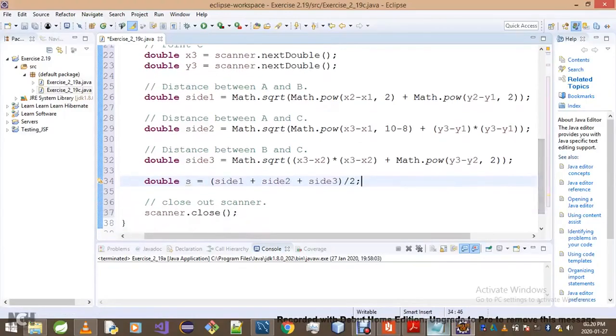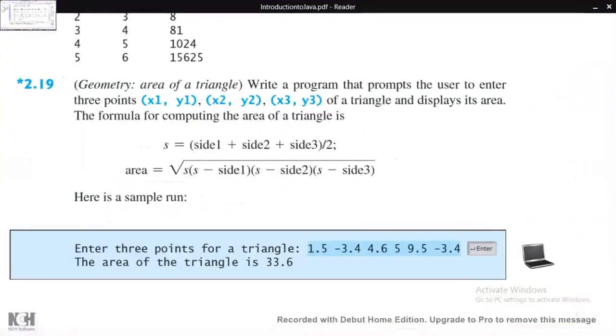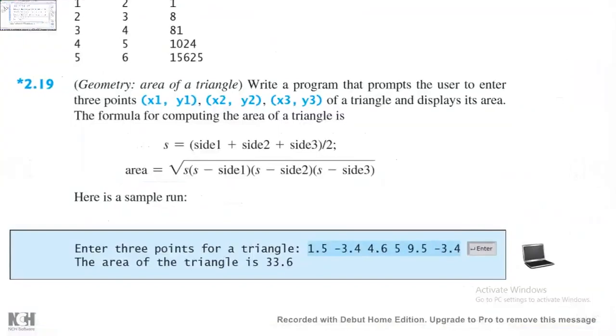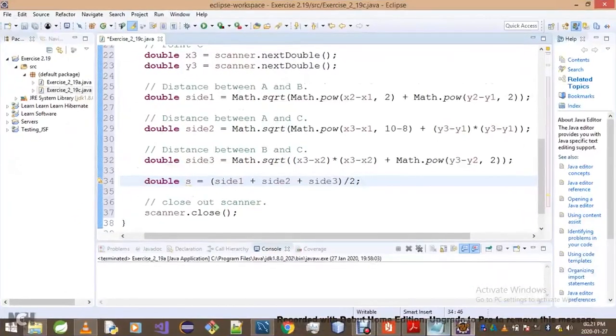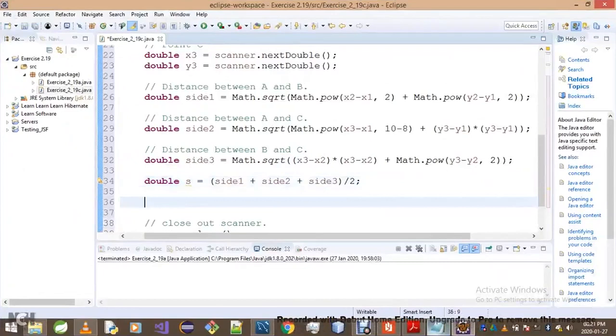Now, what else do we want? We want to find our area now. Of course, we can simply give out our solution now. Let's just go double area, with spaces in between the lines.